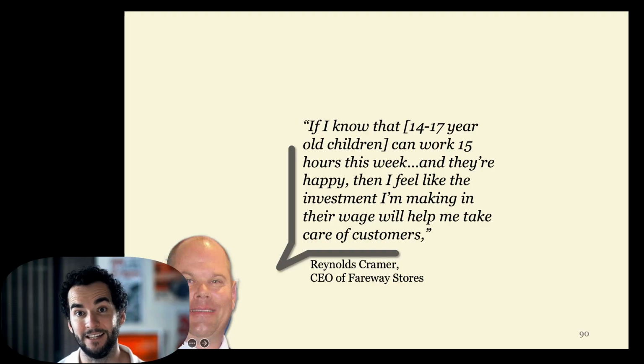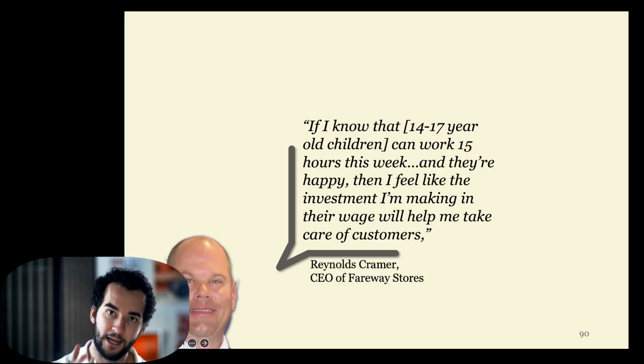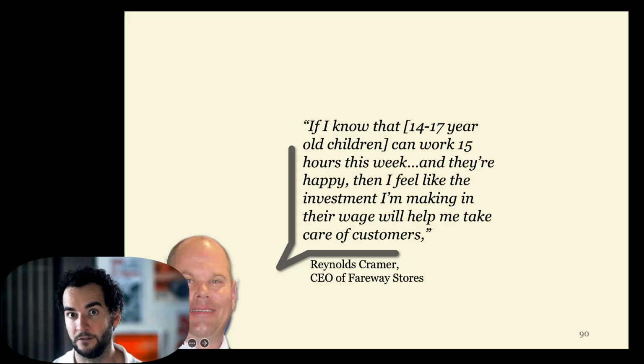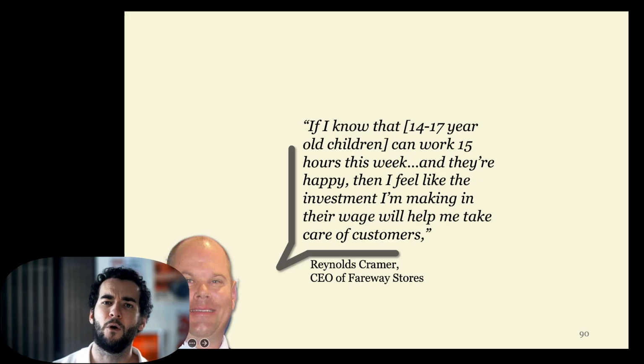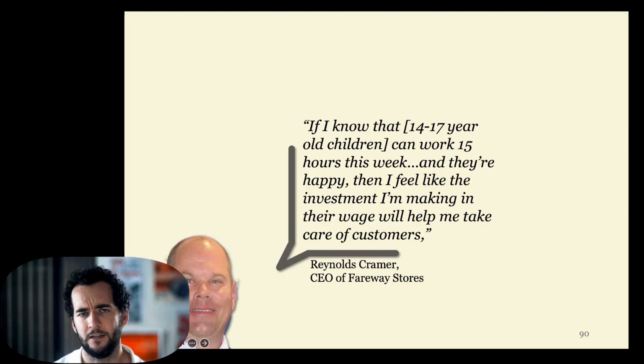Reynolds was being asked about his perspective on shifting the maximum hours children of 14 and older can work from 10 hours to 15 hours. What he's saying, reading between the lines, although it's quite explicit, is that if the child labor laws were more relaxed, more deregulated, then he'd hire more children and it'd make him more able to satisfy his customers.